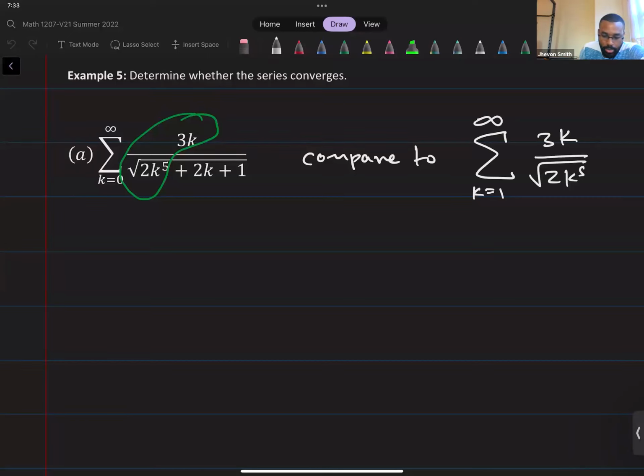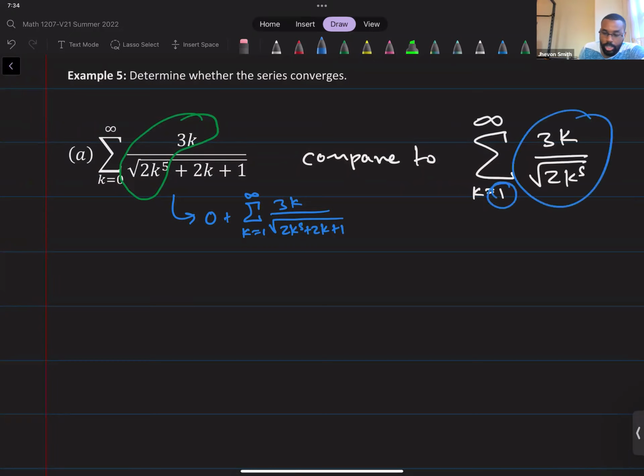Technically, if I plug in k equals 0, I would just actually get 0. And then I can start adding things from k equals 1 onwards if I wanted to. Notice that when I cut it down, starting from 0 is problematic because I would divide by 0. So I would want to start it from 1.